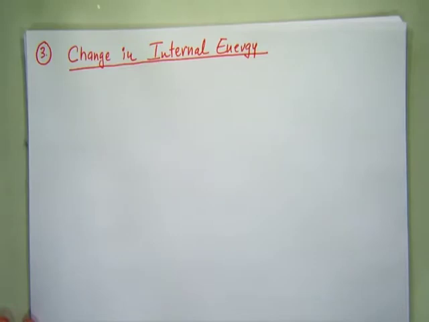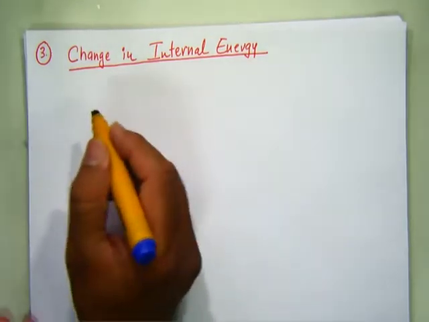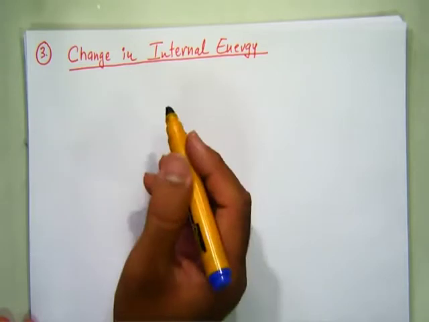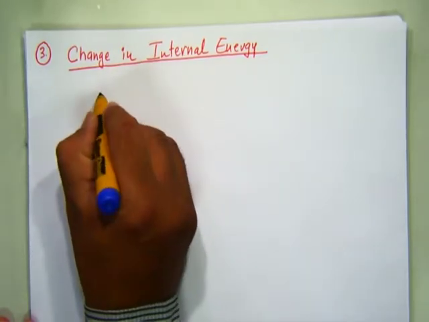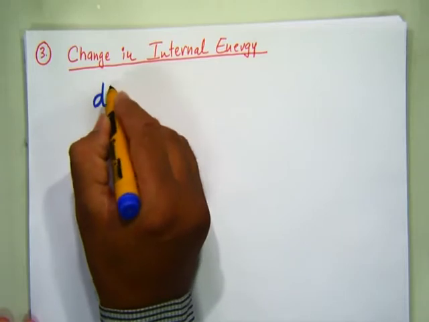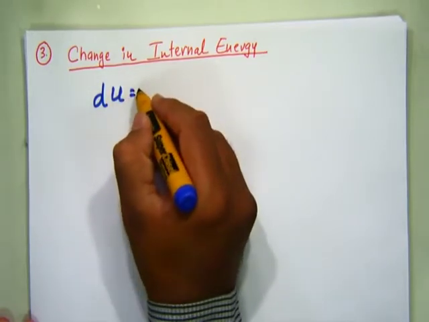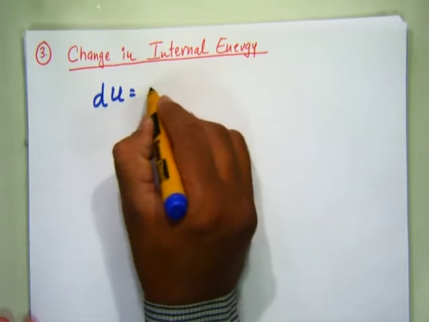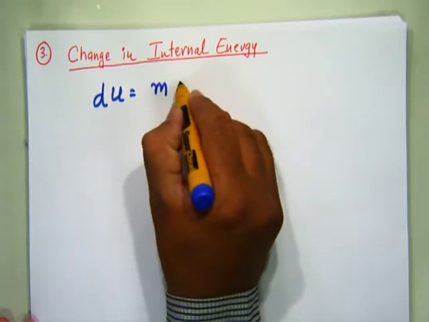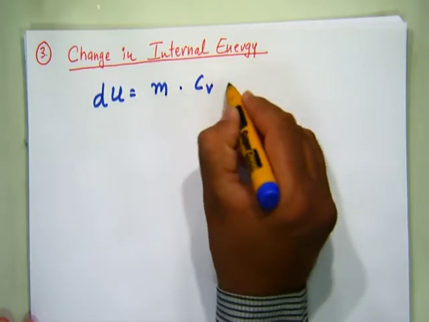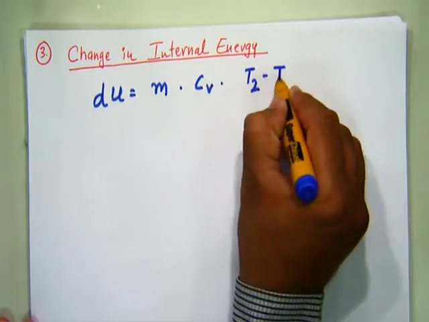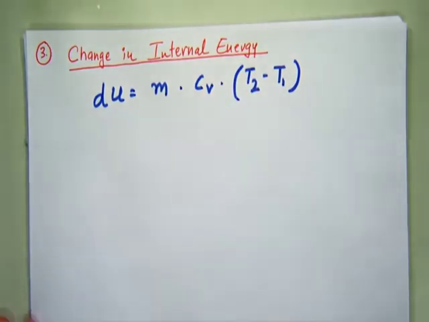So you can write the change in internal energy, that is dU is equal to M into Cv into (T2 minus T1). This is the change in internal energy for the case of constant pressure process.